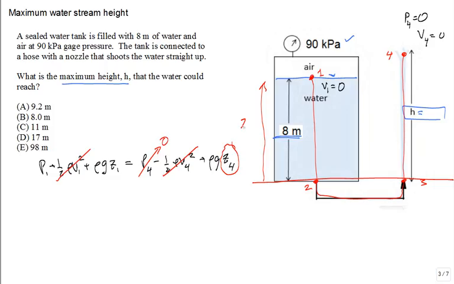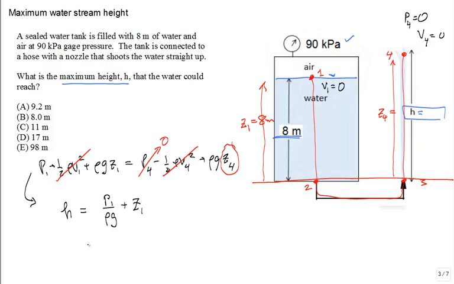So Z1 is equal to 8 meters, and the height we're looking for is Z4, which is equal to H. So I can rewrite this equation: the unknown height that I'm looking to calculate is equal to P1 divided by rho g plus Z1.